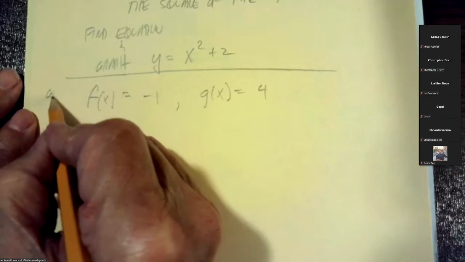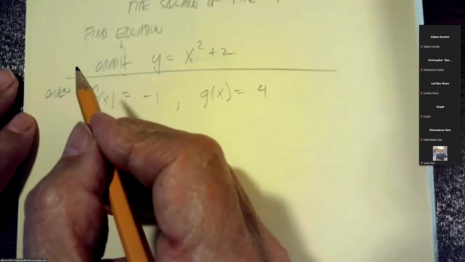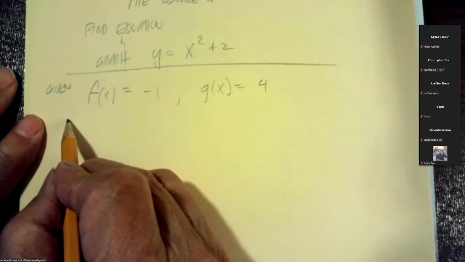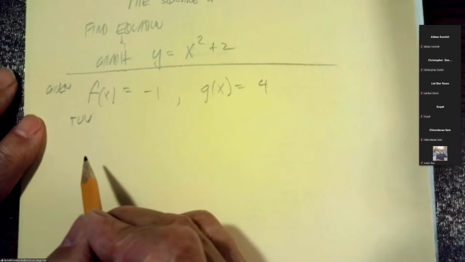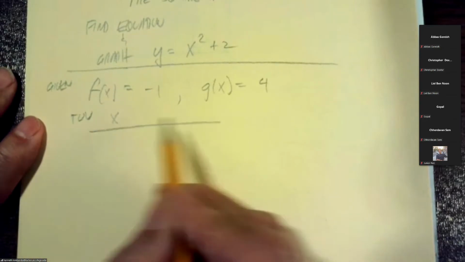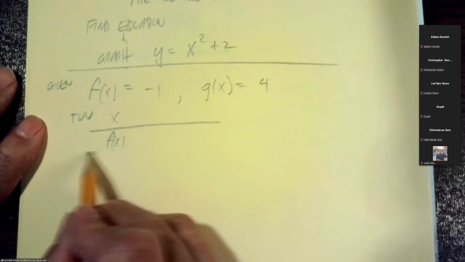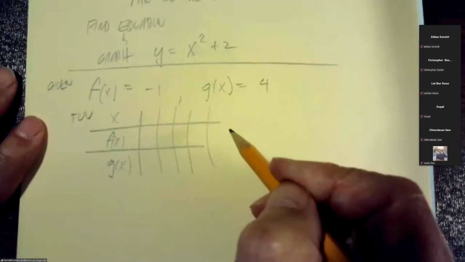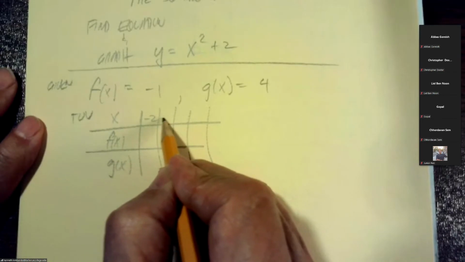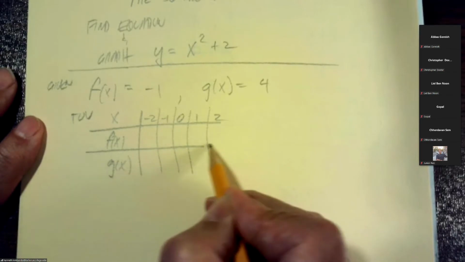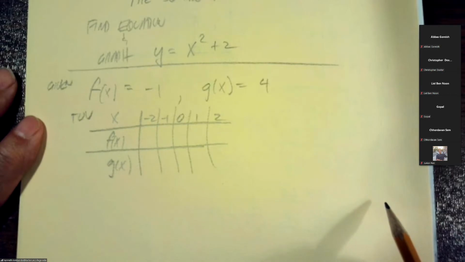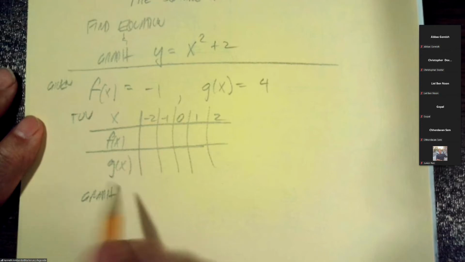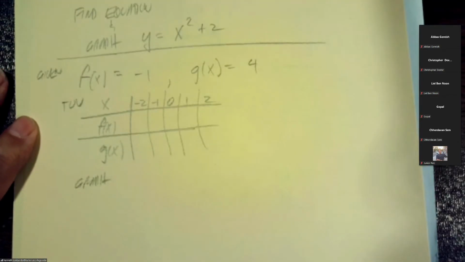That's what you're given. And you're asked to create a table of values for x, f of x, g of x, from x going from -2, -1, 0, +1, +2. You're asked to create the table of values and graph. Can you do that?